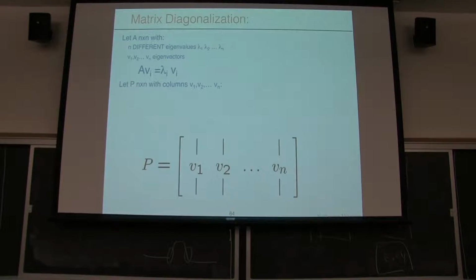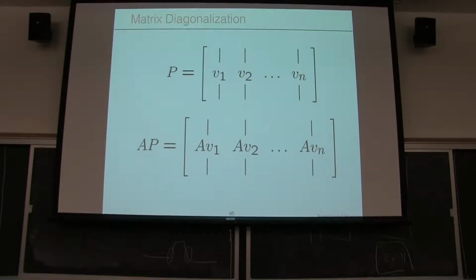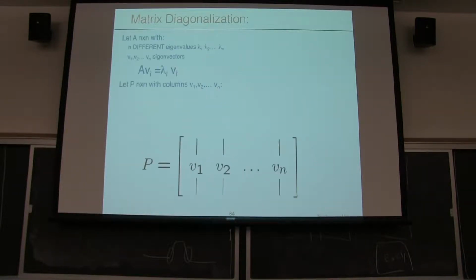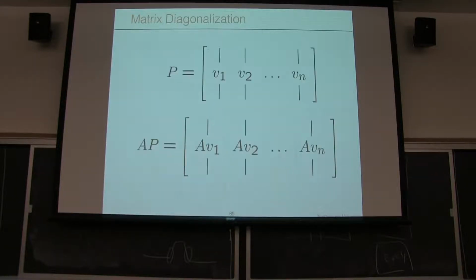These are the eigenvectors of my matrix A, which is n by n. I find all my eigenvectors, and I put them in this P matrix, where each column is one of my eigenvectors. Now I take P, and I multiply it by A.